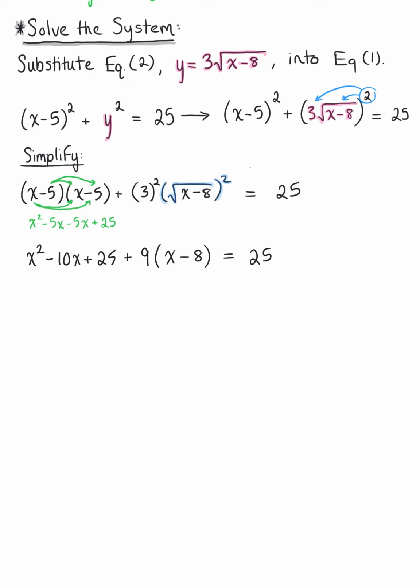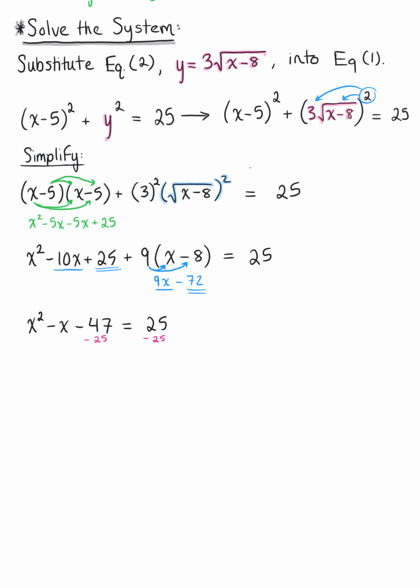Now, distributing the 9 through to both terms, and then combining those like terms, we are left on the left-hand side with x squared minus x minus 47 is equal to 25. And of course, we recall that in order to solve a quadratic equation, we need to bring all the terms to one side.